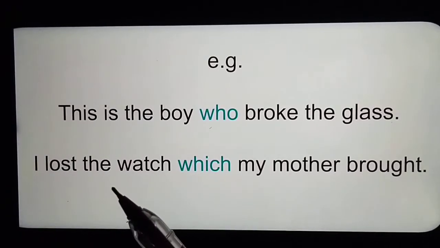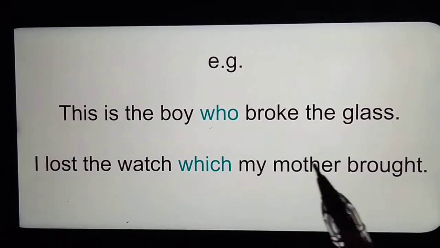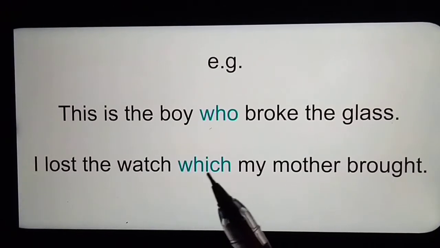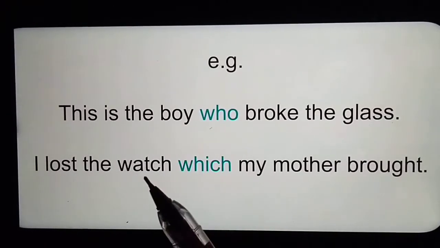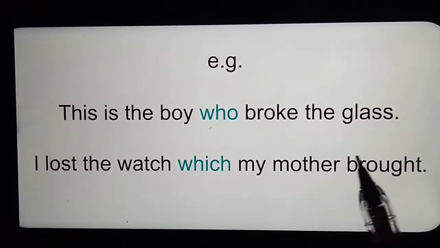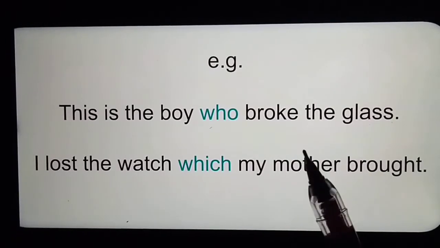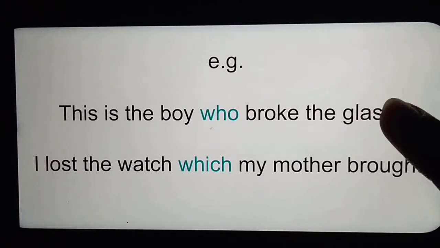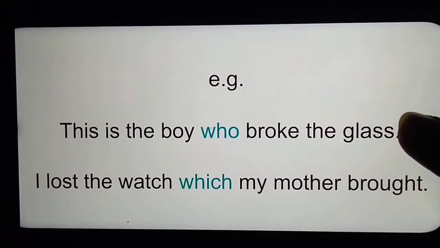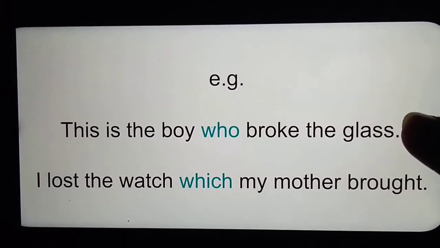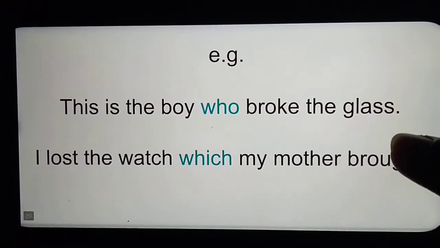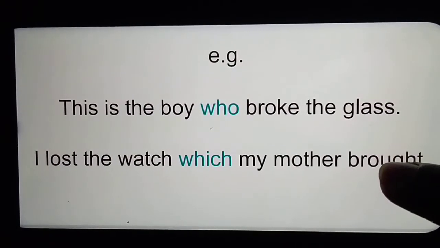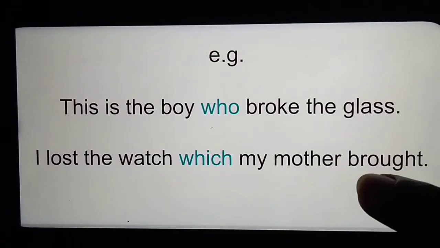Similarly, I lost the watch. Which watch? Which my mother brought. So this word is telling relation between the noun and this group of words. Who and which are also used to ask questions, but here these words are used to show relation between a noun and a group of words.